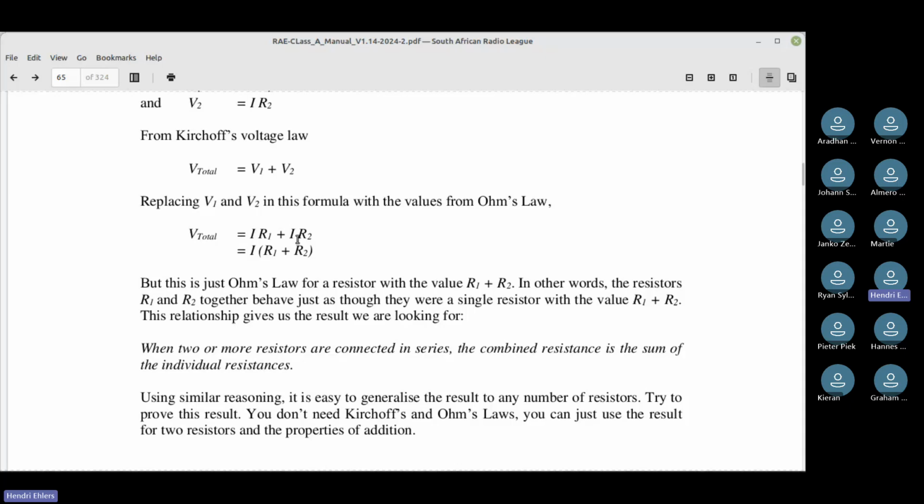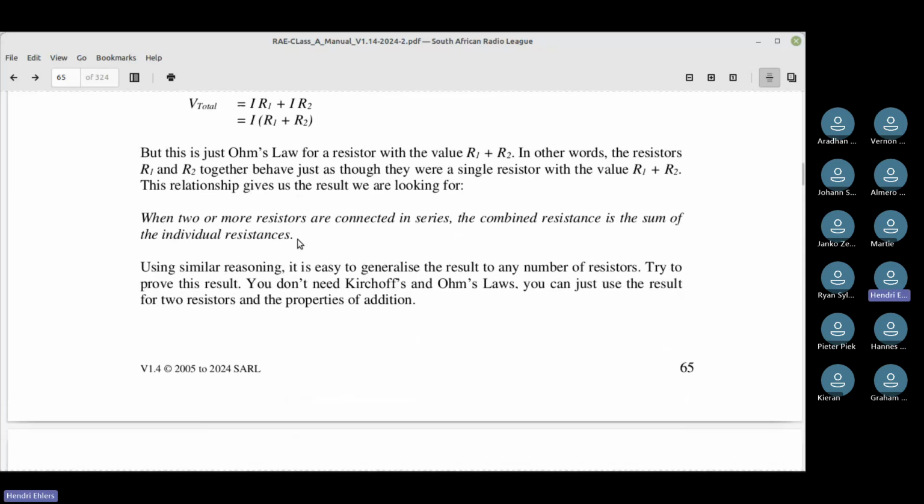Okay, V total. This is basically what I said there.